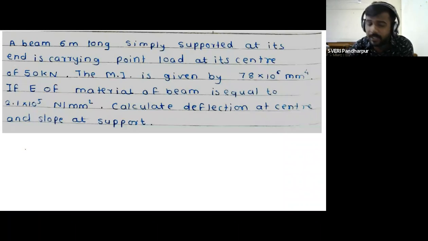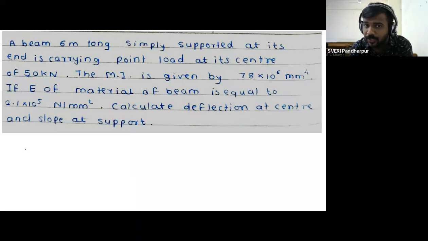So this is the first statement. So we have to read the statement carefully. A beam 6 meter long, simply supported at its end, is carrying point load. Total length of the beam is 6 meter.